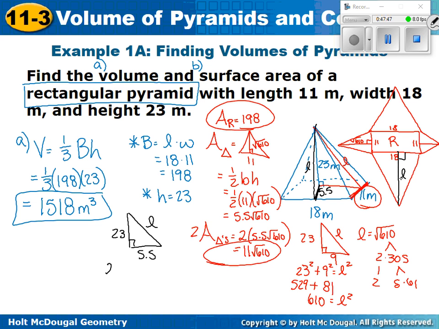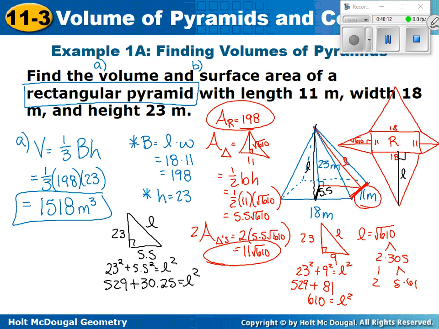Okay, do the Pythagorean theorem. 23 squared plus 5.5 squared equals L squared. We already know, somebody told me 23 squared was 529. What's 5.5 squared? 25.25? No, 30.25. Equals L squared.